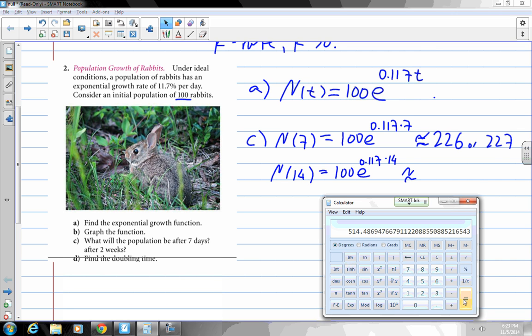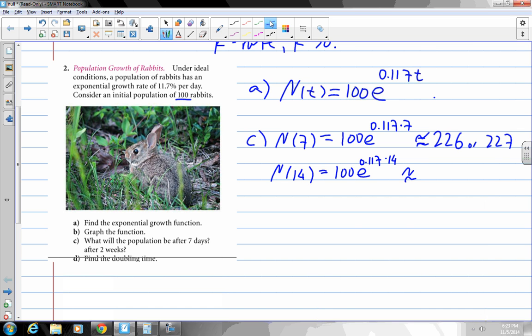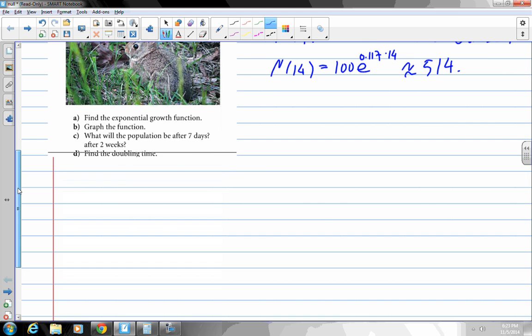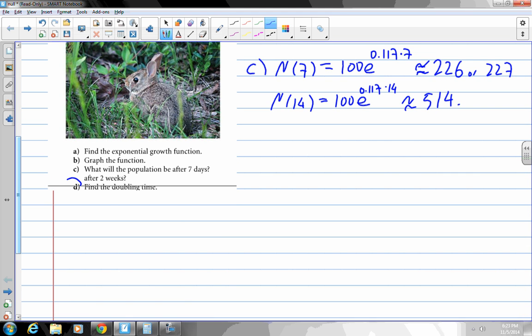So 514 rabbits. How's that? Pretty straightforward? There's no equations, no nothing. You just set things up. You just compute them.